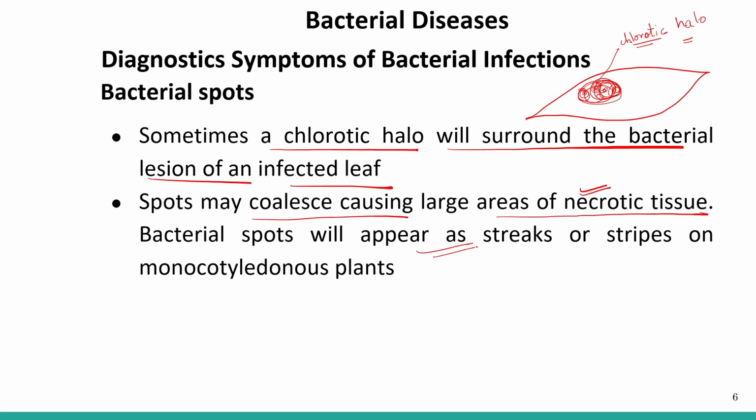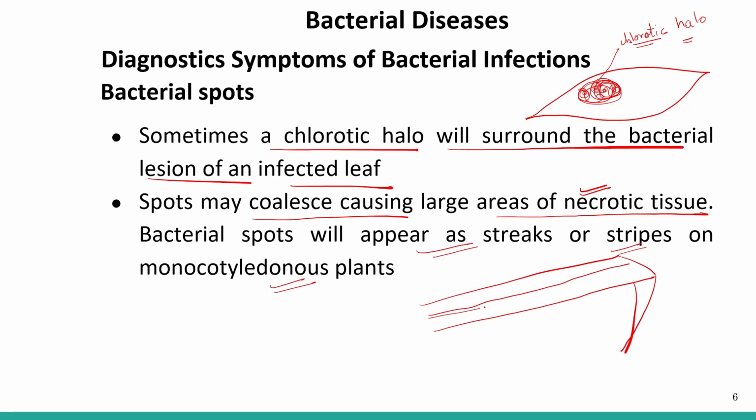Bacterial spots will appear as streaks or stripes on the monocotyledonous plant. We all know that monocotyledonous plants have parallel venation and the leaves are straight, like this. So the spots are like this in the case of monocotyledonous plants. These are the streaks or stripes.